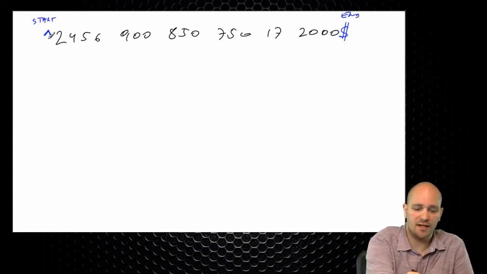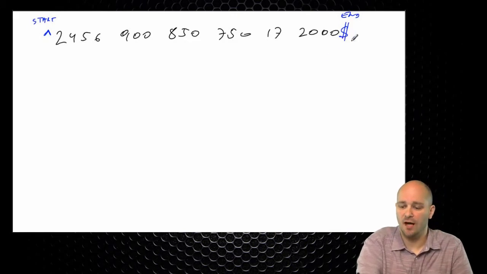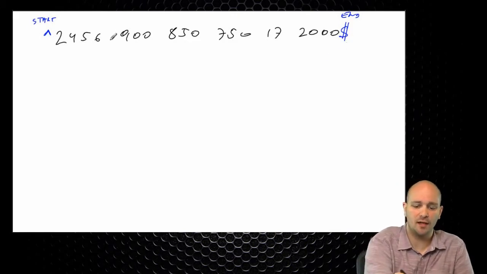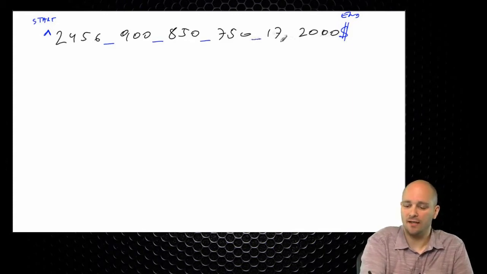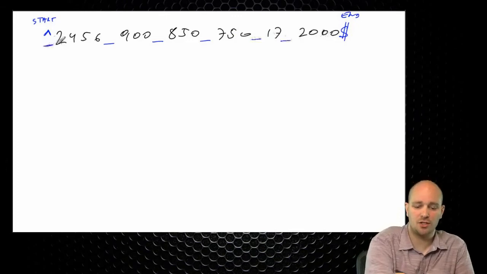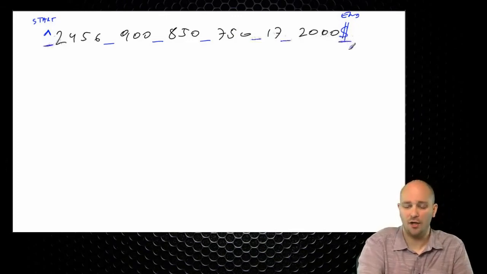The caret indicates the beginning of the string, the dollar indicates the end of the string. All these empty spaces in between can be identified with underscores, but underscore will actually match the caret and the dollar as well, just so you keep that in mind.